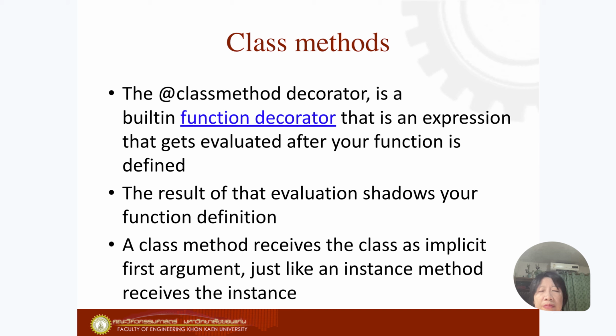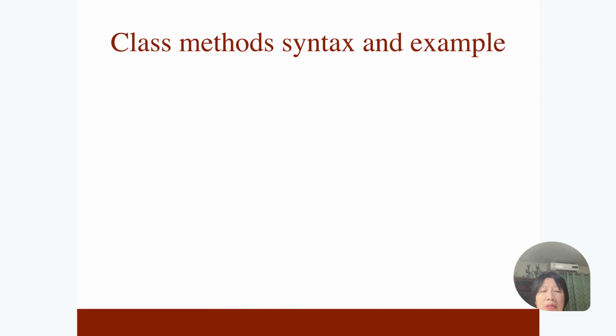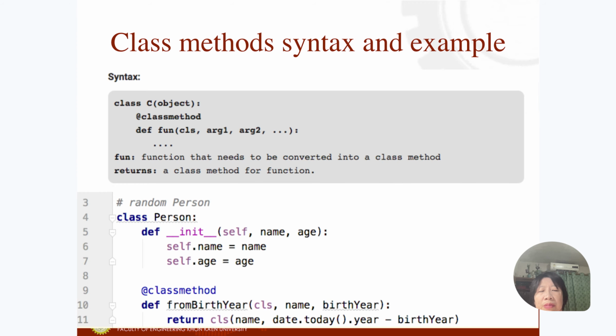Class method will access and update the value of class attribute. A class method actually receives the class as implicit first argument, just like an instance method receives the instance. Okay, so let's see the example of class method.